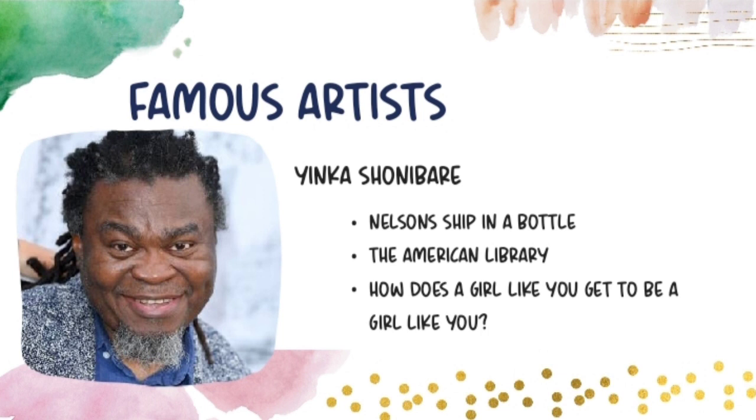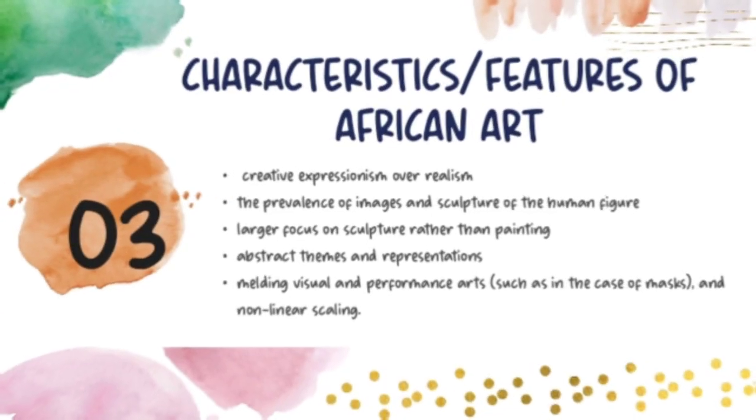Because he has a physical disability that paralyzes one side of his body, Shonibare uses assistants to make works under his direction. One of his works is Nelson's Ship in a Bottle, The American Library, and How Does a Girl Like You Get to Be a Girl Like You?